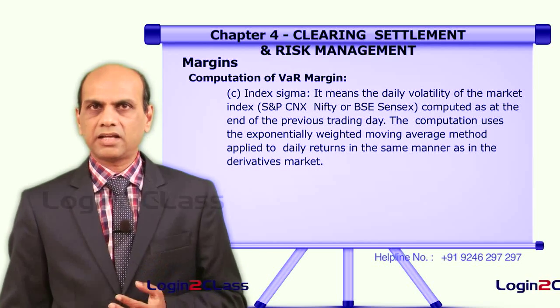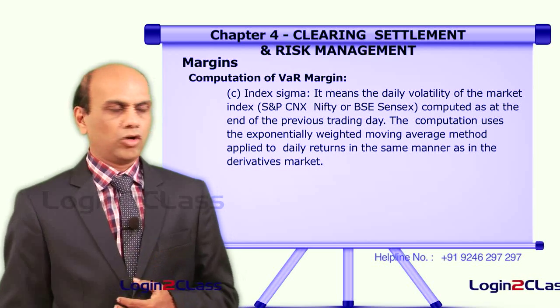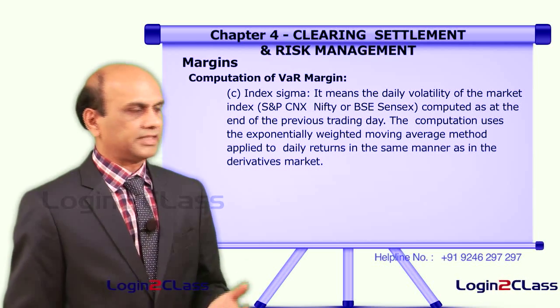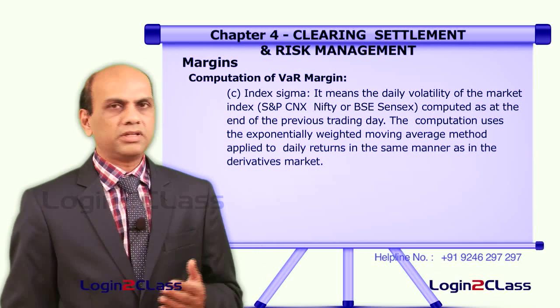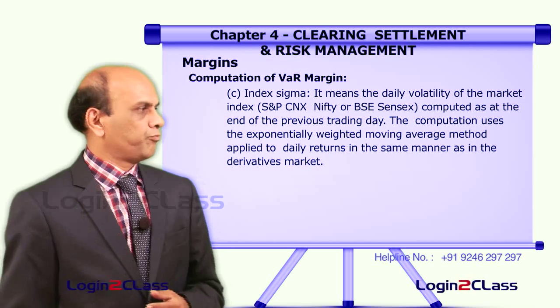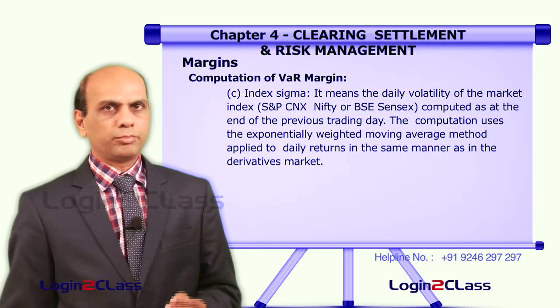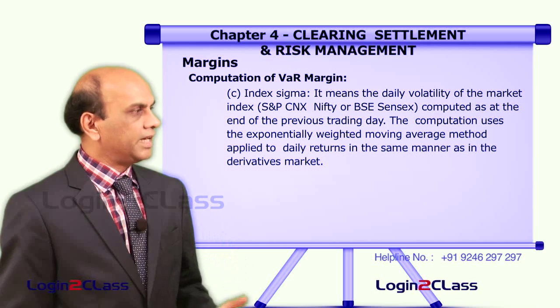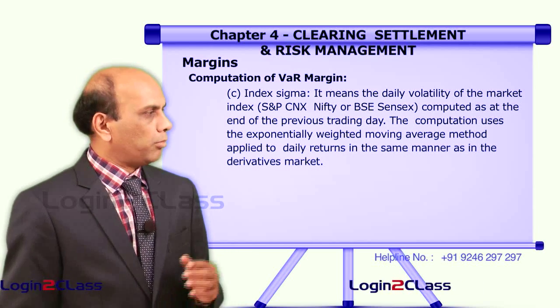The market indexes are S&P CNX Nifty, which is for NSE, or BSE Sensex, computed as at the end of the previous trading day. The computation uses exponentially weighted moving average method applied to the daily returns in the same manner as in the derivatives market.